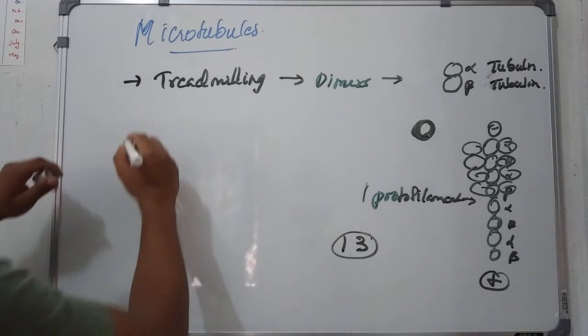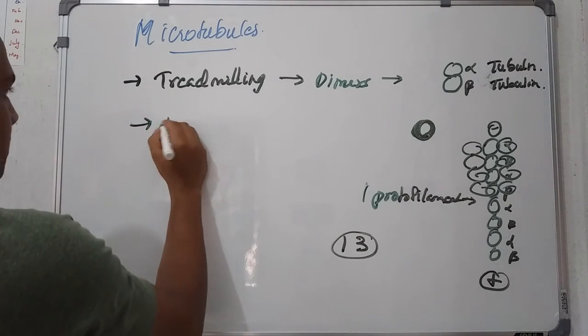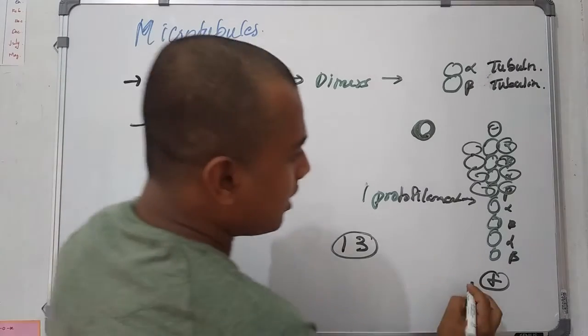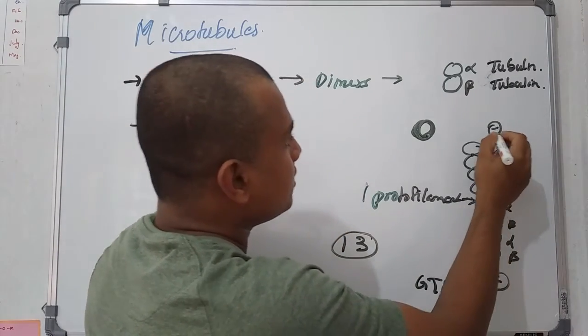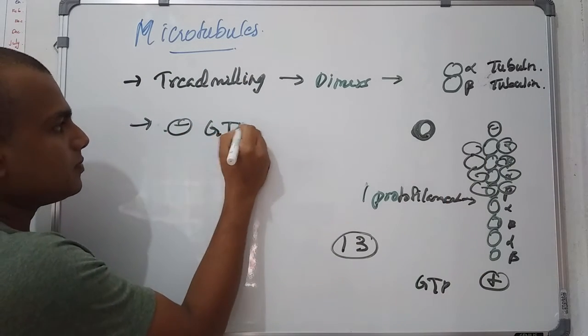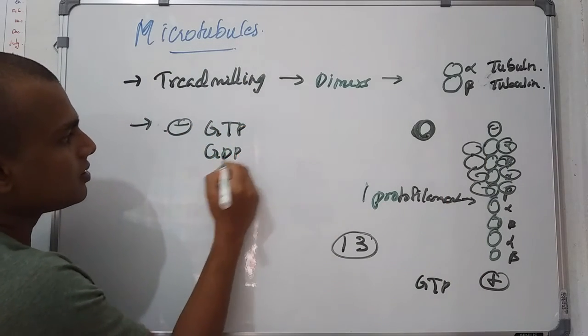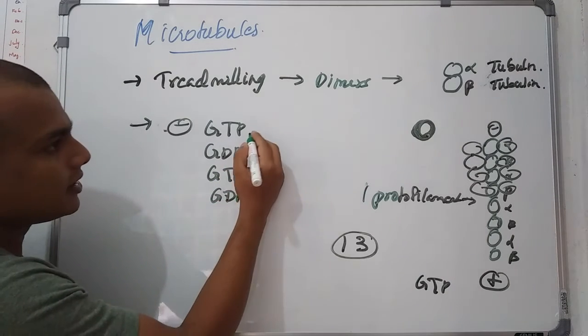Another fact is the positive end will have GTP and the negative end is very special. The negative end will have GTP, GDP, GTP, GDP alternatively.